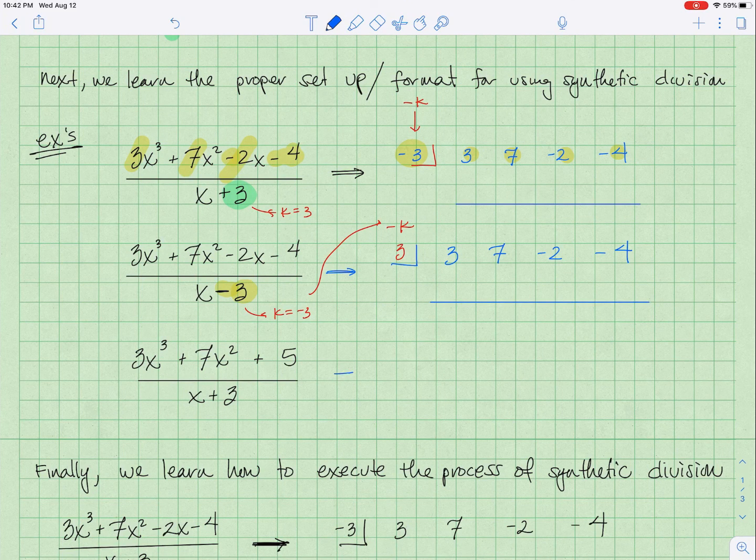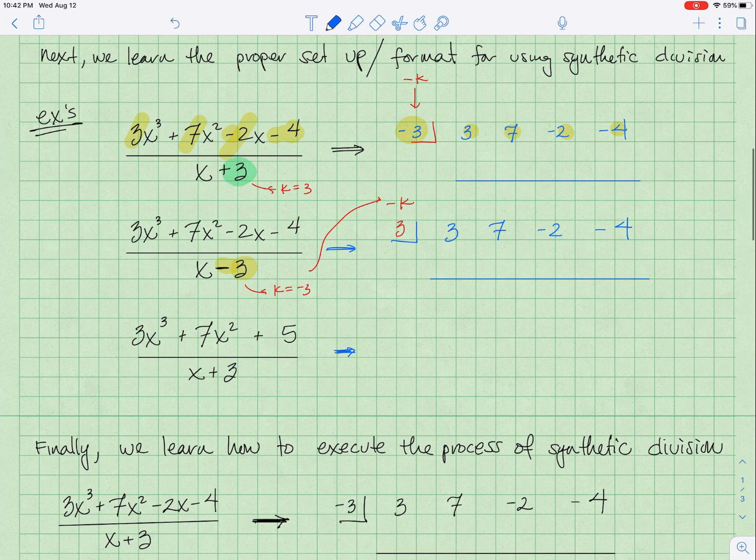This last one here is not the same coefficients. So let's see. We'll have our crook. Our k value is 3, and so -k will go in there. This will be another -3, just like up top. And our coefficients are 3, 7, and watch what I do here. This is a 5 over here.